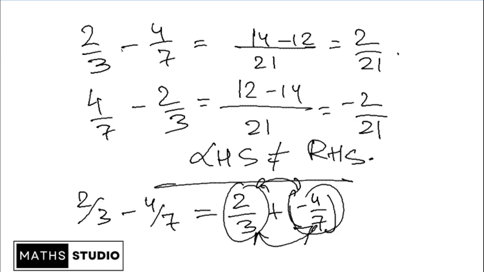The commutative rule over the minus operator. Here I have changed the operator to plus. So doing the commutative over plus and minus, they are not the same thing. Okay. So be very clear on this particular part, that what is your operator. If the operator is plus, it will follow the commutative rule. If the operator is minus, it will not follow the commutative rule.